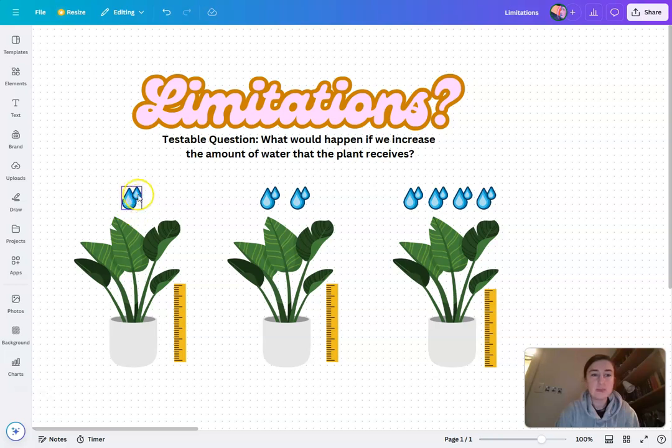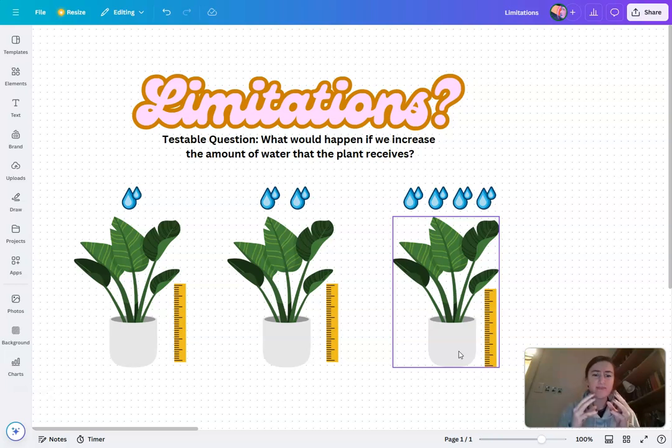So let's say this plant gets 100 milliliters of water per day. Maybe this plant gets 200 milliliters of water per day, and this plant gets 400 milliliters of water per day. Okay, these are the same exact plants. They are the same exact pot. Of course you're not going to be able to get the exact same plant.